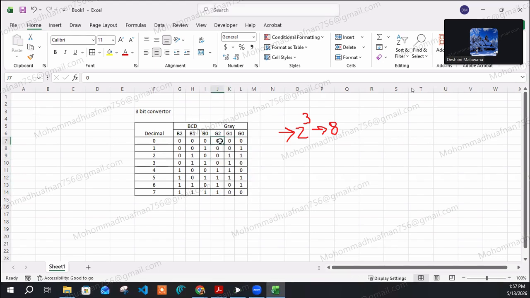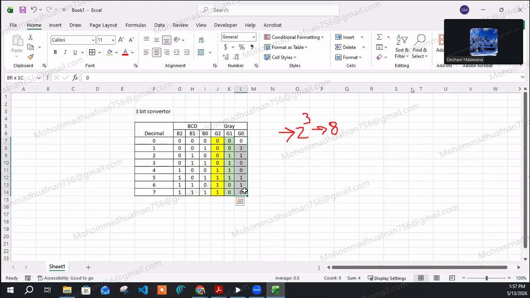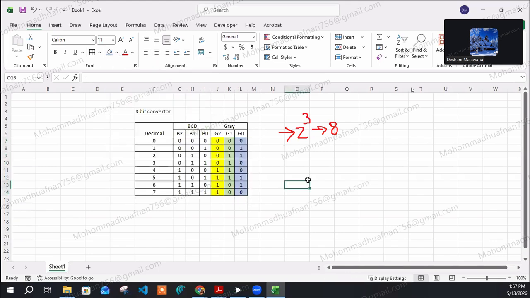We are considering this one as a separate one, then this one as another separate one. We will put this one and this one as another separate one. So one by one we can consider and generate the equation for each of them.